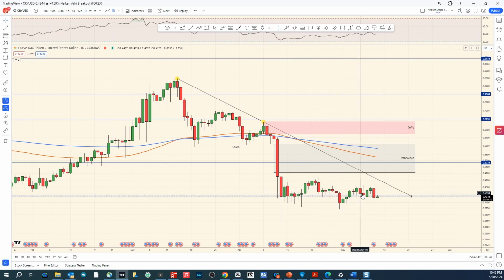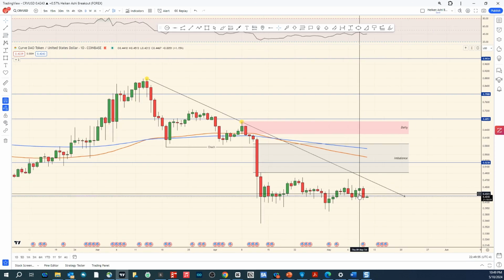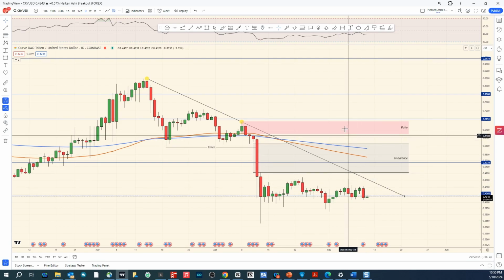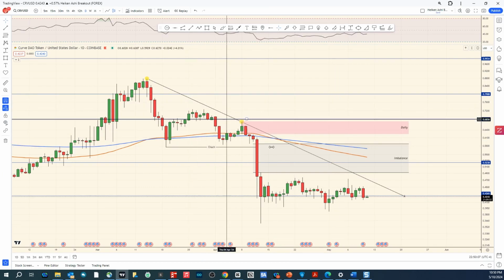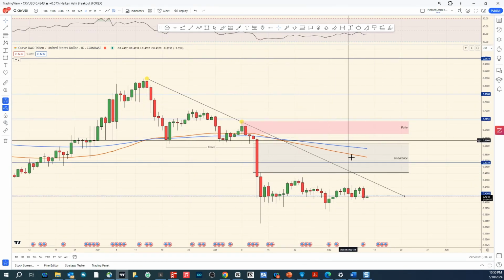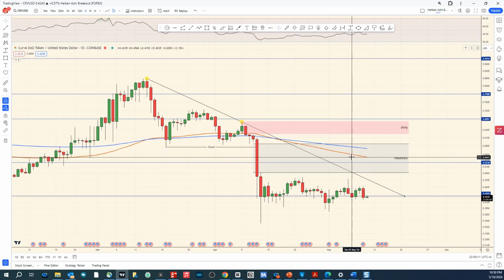It looks like very choppy price action. And typically you don't want to trade that. So what do we do? Or what do I do, I should say? I mark down the levels that I can see clearly, my imbalance, my daily selling zone, my change of character, my trend lines, as well as my support and resistance. And I wait. And I just wait to see what price does.